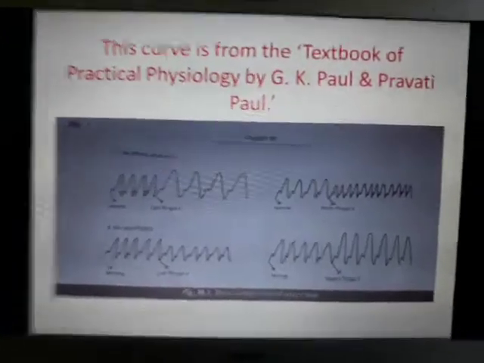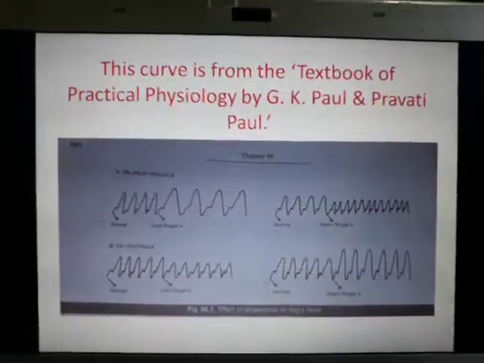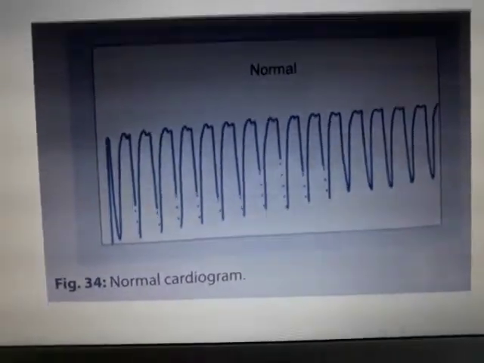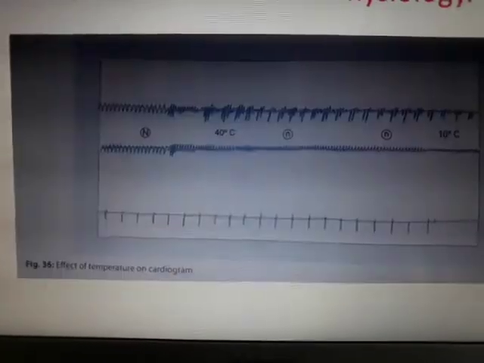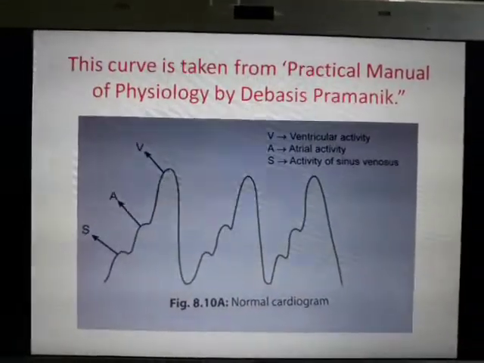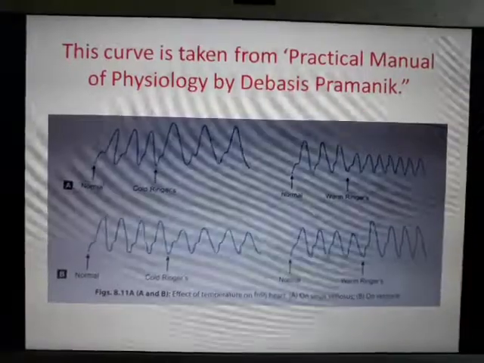This is from G.K. Paul and Prabhati Paul, as well as the explanation of the hot and cold solutions on sinus venosus and ventricle. This is from Guyton's textbook of physiology, these curves. This is from Debashish Pramanik, Practical Manual of Physiology. This curve. So I tried to show you the different curves so that you understand.